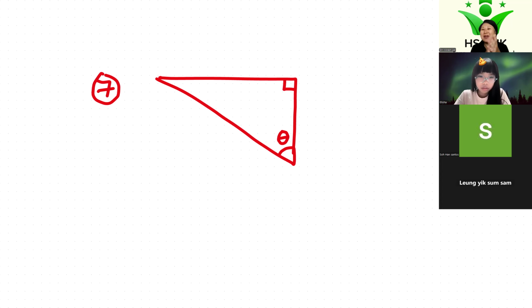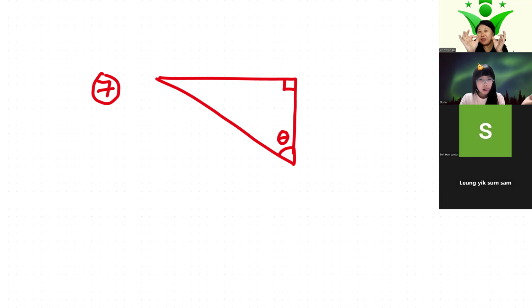Let's clap hands to encourage Santos. In Chinese, we say jiayou, jiayou, jiayou. Look back to the note. Try again. Look for the A: it is the right angle and also the theta.